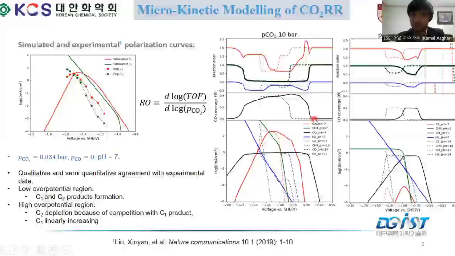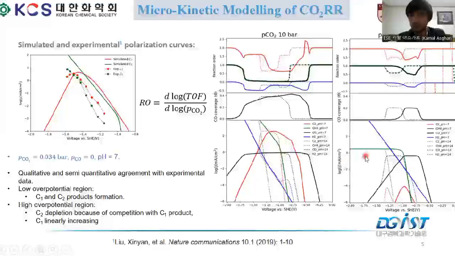We can see that coverage is directly dependent upon the current density of different products. Especially the C2 product and carbon monoxide product are directly dependent on the coverage of carbon monoxide in both diagrams. But some other products like methane and the hydrogen evolution reaction also depend on coverage, but somehow they depend on the voltage as well.